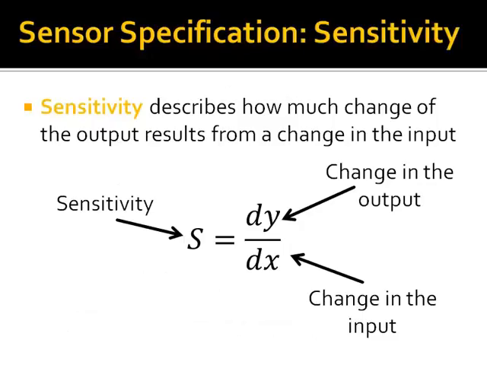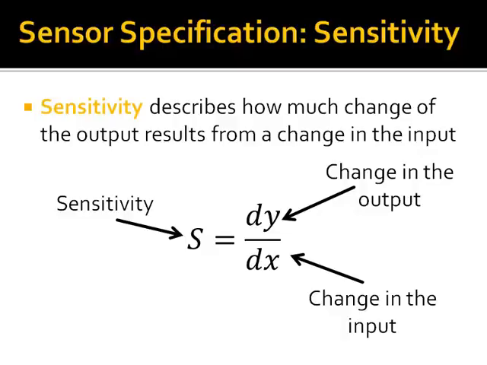First, let's take a look at sensitivity. Sensitivity of our sensor describes how much of a change of the output results from a change in the input. Remember that a sensor is a device that converts a physical quantity into an electrical quantity. So here, the change in the output would be measured in units of some electrical quantity, usually volts.